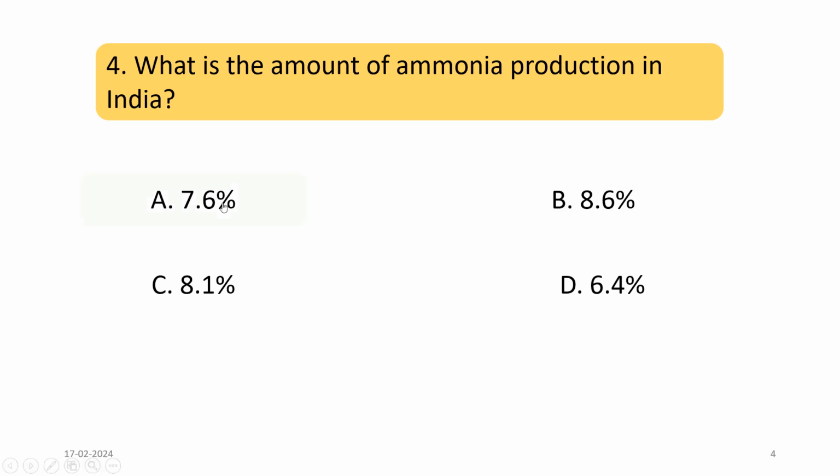So here the answer will be 7.6%. You can go to the slide and see that India's production is 7.6%.